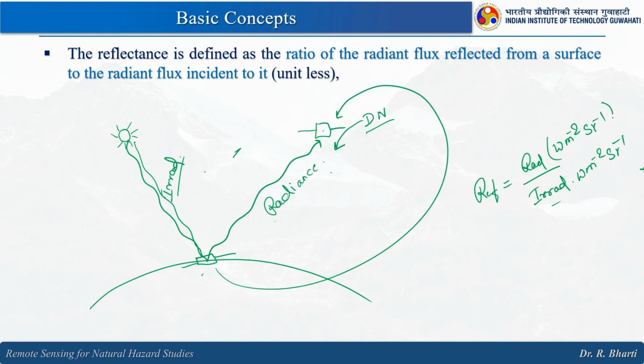The unit of radiance and irradiance, because we are using the same sensor here and here, right. So, once we have that, then reflectance will be unitless and it will range between 0 to 1. So, 1 is the higher one, 0 is the lowest one. So, the value of reflectance will always be within 0 to 1.